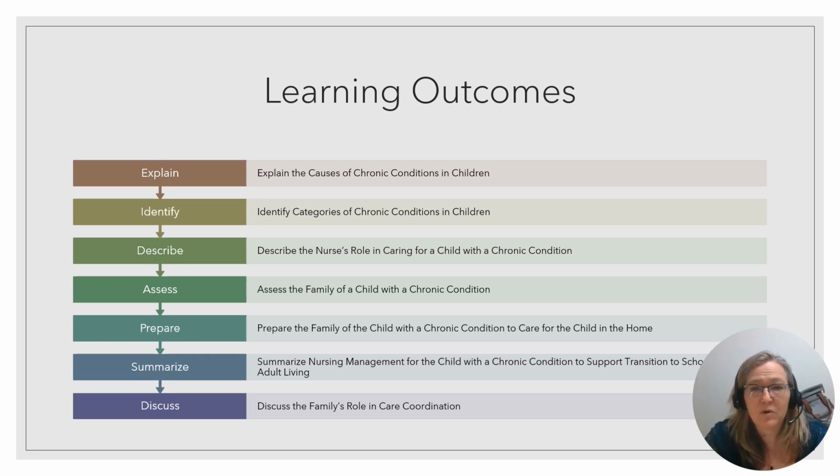Discuss the family's role in care coordination. A nurse often works with the family members to make sure that they feel empowered to ask questions or to question doctors' decisions. So those are some of the things that we want to focus in on for this.